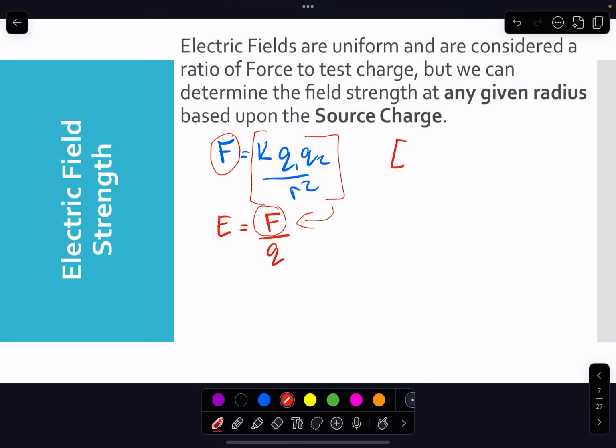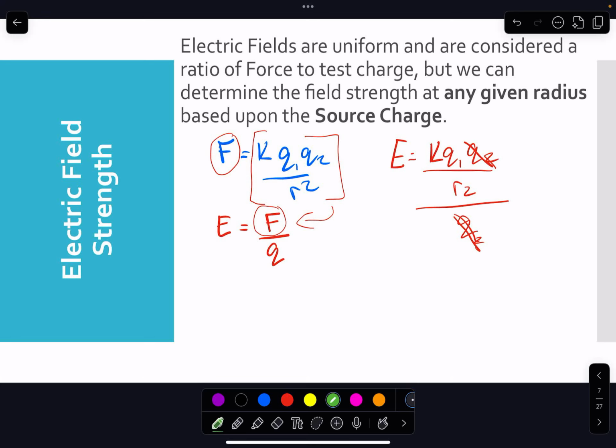So we're going to have E is equal to K Q1 Q2 over R squared, and that's divided by Q. I'm going to call that Q2, and I'm going to pretend that Q1 is the source charge. So notice that Q2 is canceled out. That little test charge is no longer going to be there.